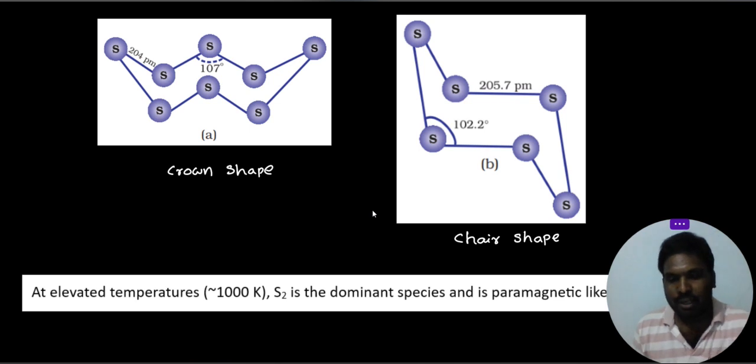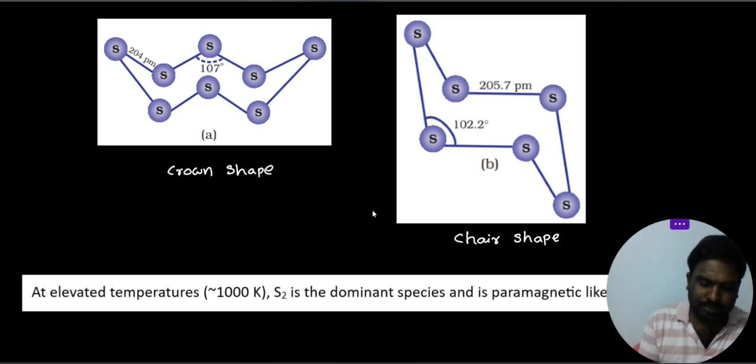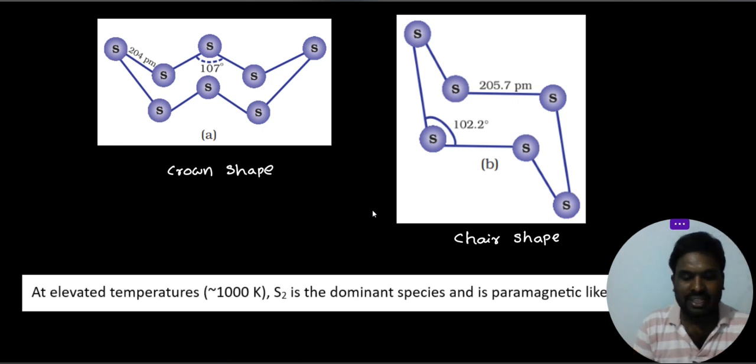Here bond angle in crown shape is 107 degree, bond length 204 picometer. Please concentrate on these two values. When you come to chair form, bond length is 205.7 picometer and bond angle is 102.2 degree. So bond angles and bond lengths are very important.